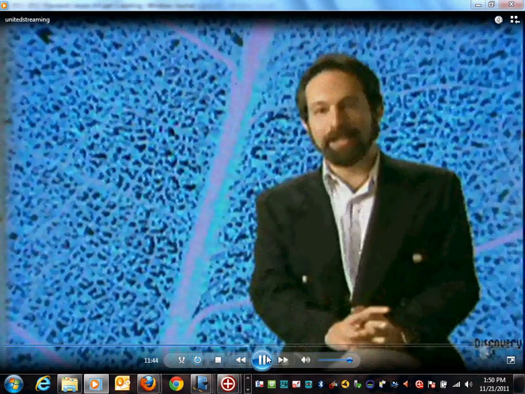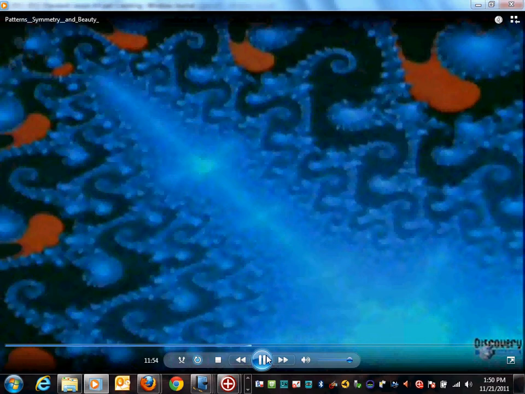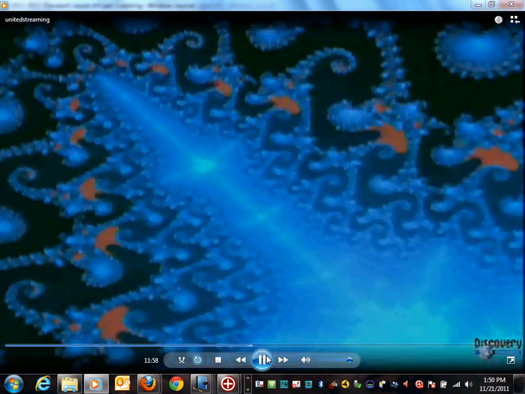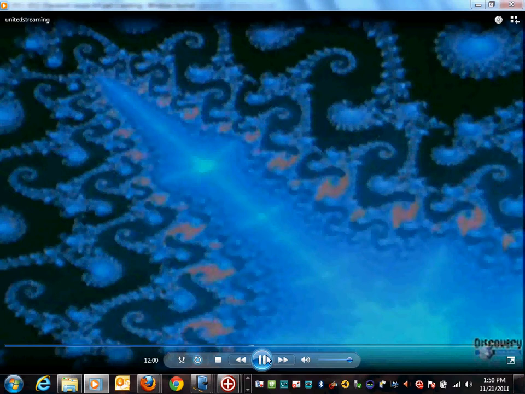Get 9. These are congruent, exactly the same shape.